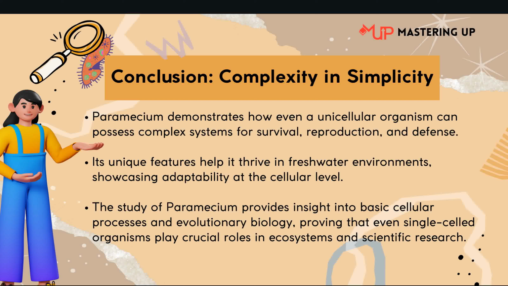Its unique features help it thrive in freshwater environments, showcasing adaptability at the cellular level. The study of paramecium provides insight into basic cellular processes and evolutionary biology, proving that even single-celled organisms play crucial roles in ecosystems and scientific research.